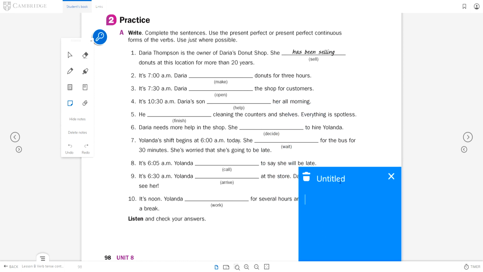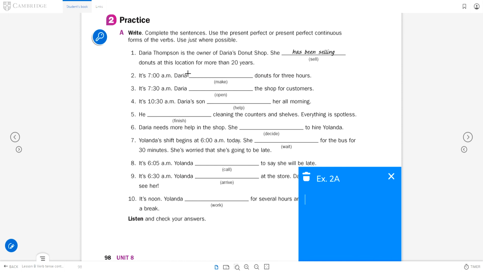Okay, so this is what we're going to do. Let me write here exercise 2A, and I'm not going to write the whole thing. I'm just going to write the verb, what goes inside this empty space, because writing the whole sentence would be a waste of time. Are you ready?